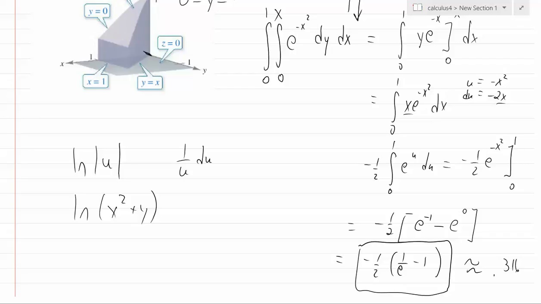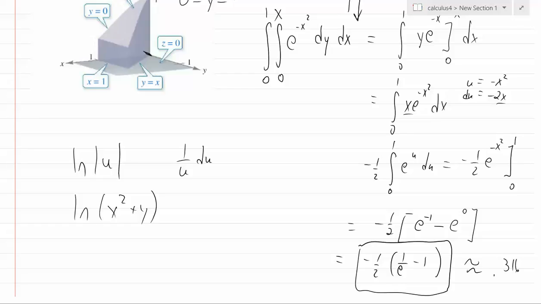All right, let's see if I can find another problem, another volume problem for us to try. I'll give you one.